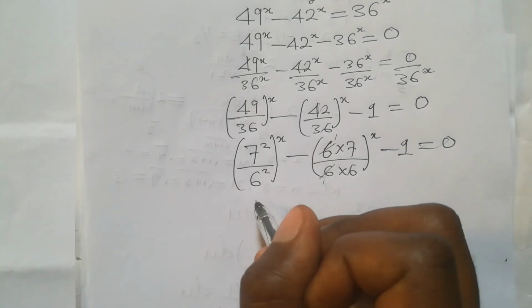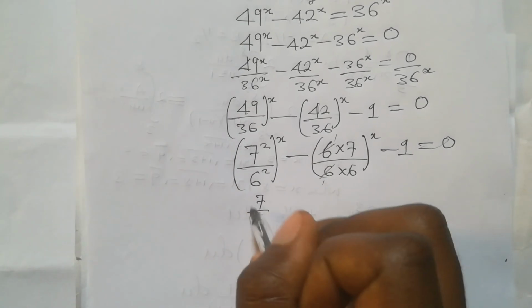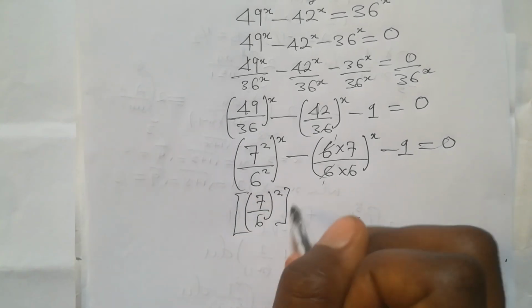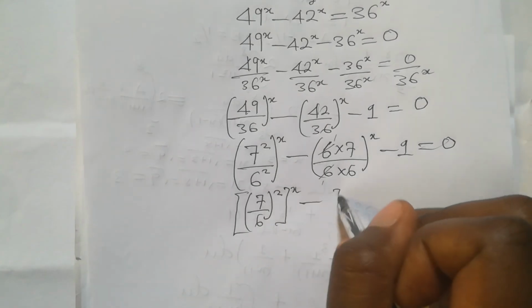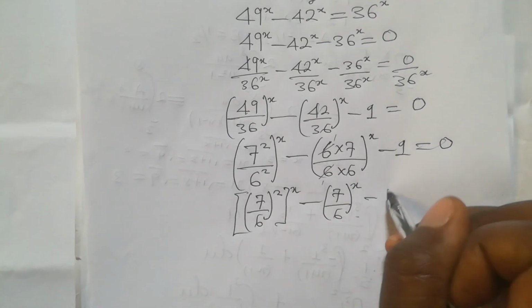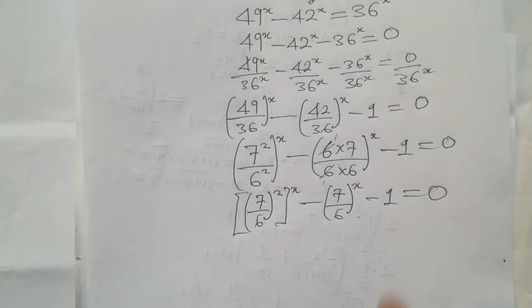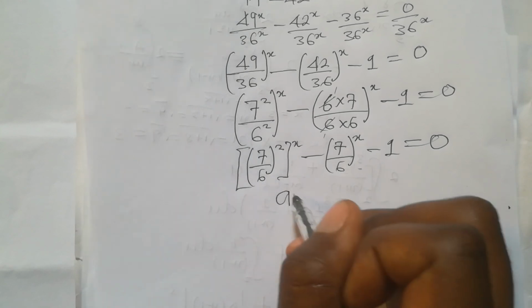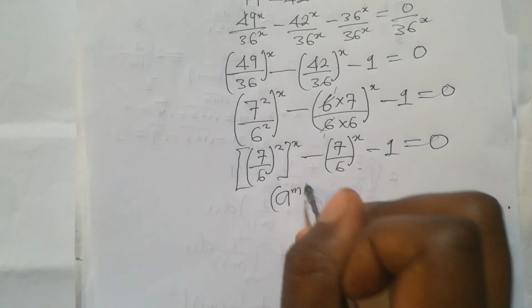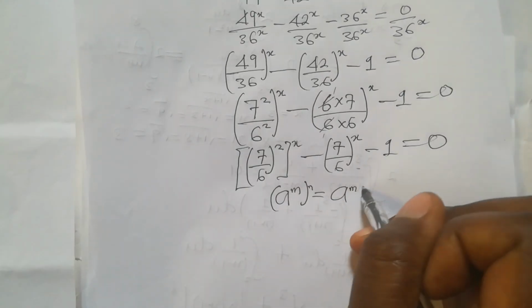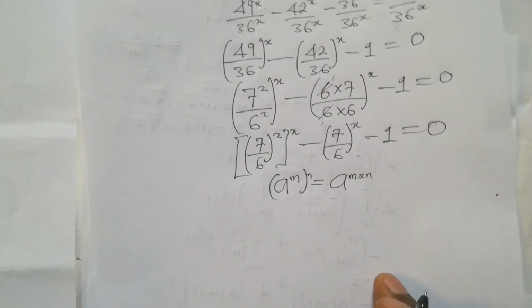So we are left with this 2 can be 7 over 6 all to the power of 2, and we still have x outside, minus 7 over 6 to the power of x, minus 1 is equal to 0. So we know that when we have a to the power of m, bracket n, it can be a to the power of m times n from the indices law. You get it?